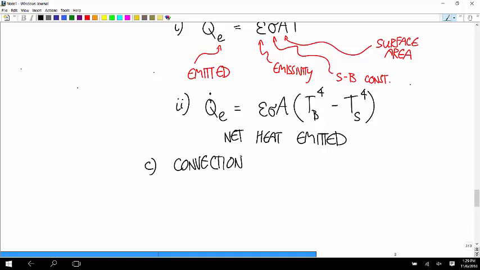So convection, I don't have a name for that equation. It's more of a curve fit equation than anything else. You lump everything into the one constant. So the rate of heat emitted through convection is equal to the constant h times the surface area that's exposed to the flow of fluid times the difference in the temperature of the body and the temperature of the fluid.